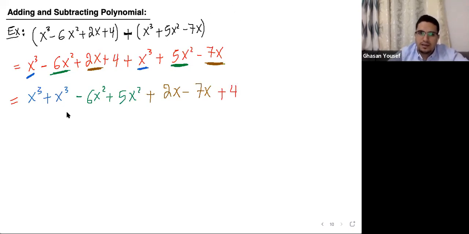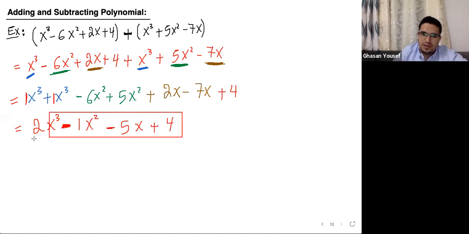When we add two variables that have the same power, we just add the numbers in front. Here we have 1 actually, and here we have 1. So the answer is 2x to the power 3, minus 6 plus 5, which is minus 1, x to the power 2, plus 2 minus 7, which gives minus 5, times x to the power 1. And we're leaving here plus 4. And this is the final answer.